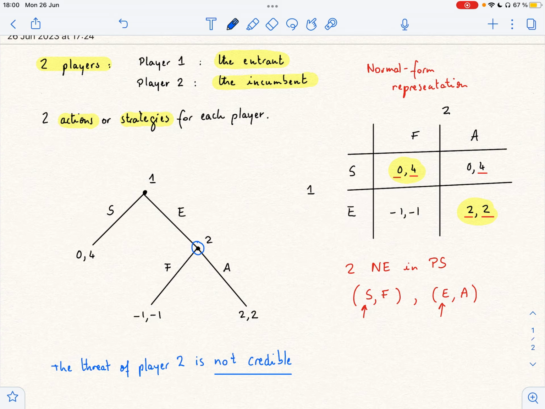And they'll always prefer to accommodate, right? So the threat of fighting will never work, because if they ever have to choose something, once player 1 entered, they'll choose to accommodate.